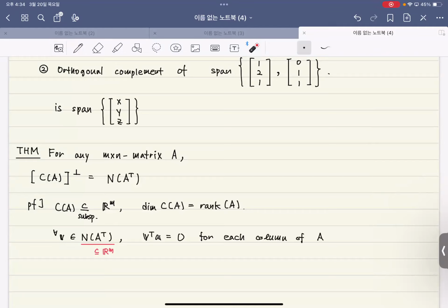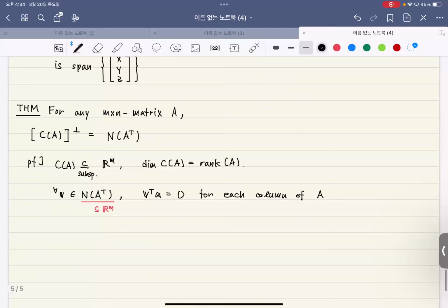So since V is orthogonal to every spanning vector of the column space, V must be a member of the orthogonal complement of the column space, and that means the left null space is a subspace of the orthogonal complement of the column space.